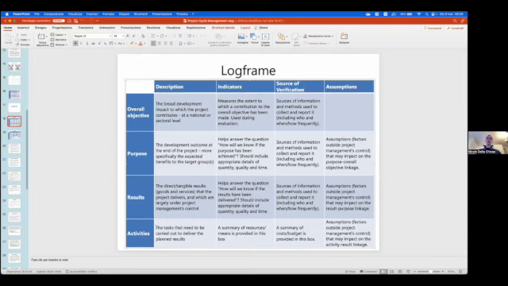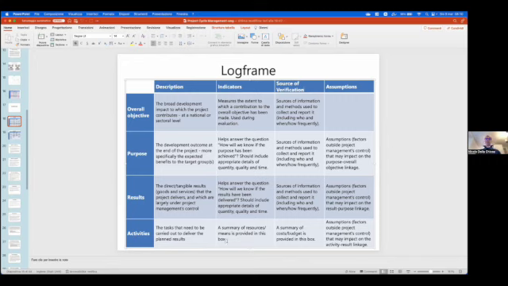So for each level of activities, results, purpose, and overall objective, we have one or more indicators that help us understand if the results have been delivered and to measure the results that have been delivered. So, as I said, for each level, we have different indicators.